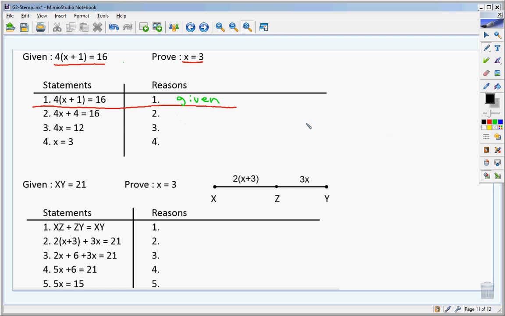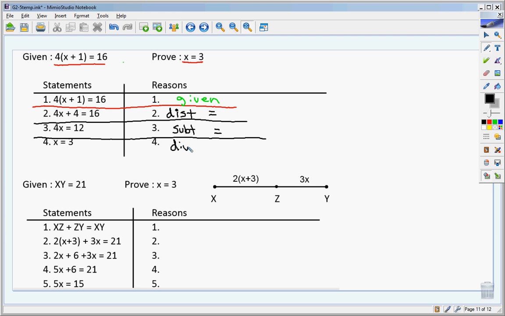I distributed. That's going to be reason 2. What did I do for number 3? I subtracted the 4 from both sides to give me 4x equals 12. And the last one was division property of equality.